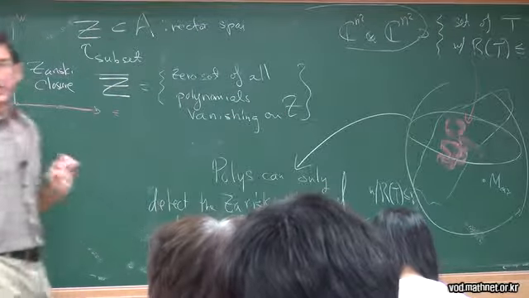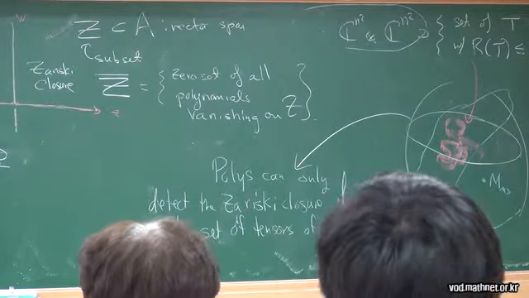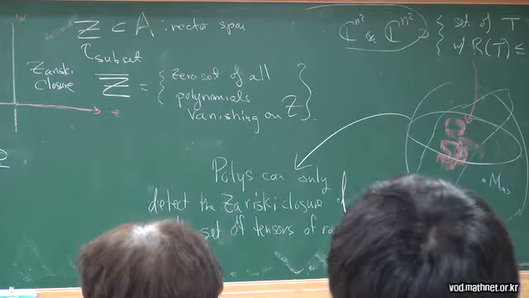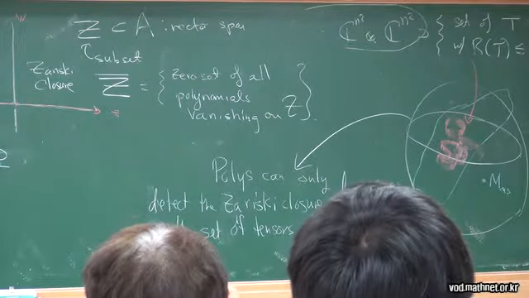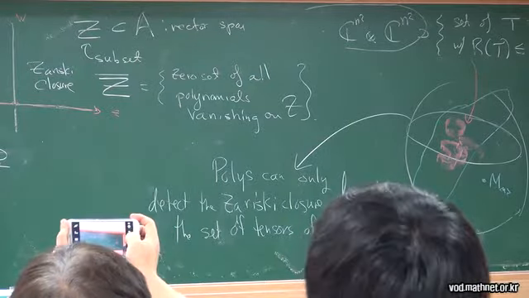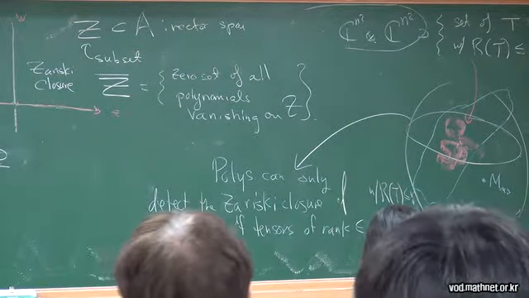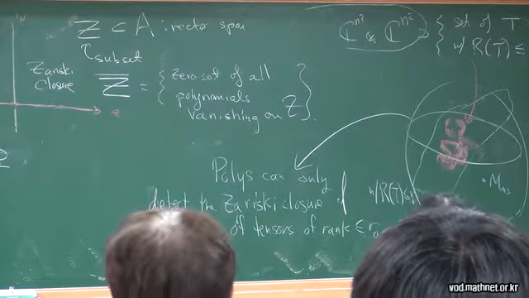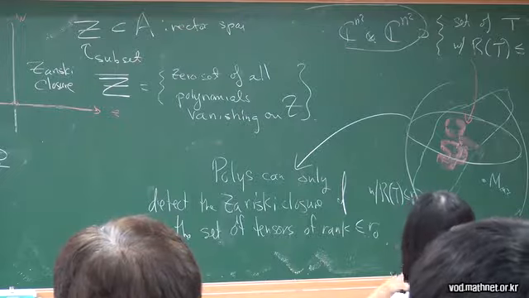That's the problem with this plan. So the plan with polynomials is fine without any modification for disproving the conjecture. But if you want to prove the conjecture, there's a subtlety.